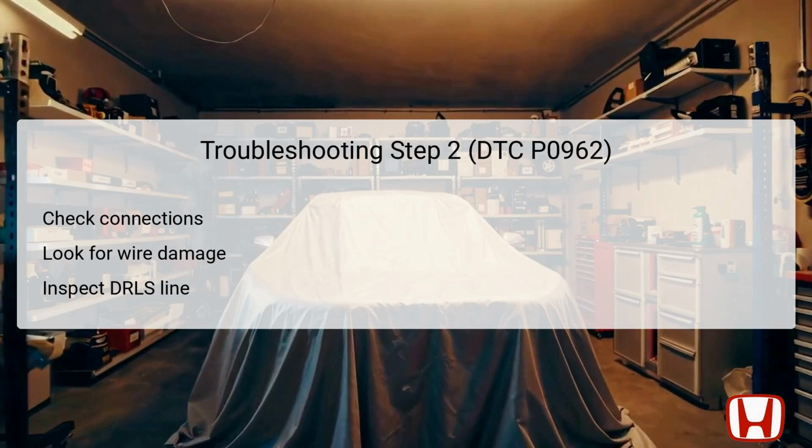The second step involves conducting a thorough inspection of the connections and wiring related to the CVT drive pulley pressure control valve. This includes checking for any loose connections, particularly in the drive relay signal DRLS line, as these can interrupt the flow of electrical signals necessary for the proper operation of the solenoid.